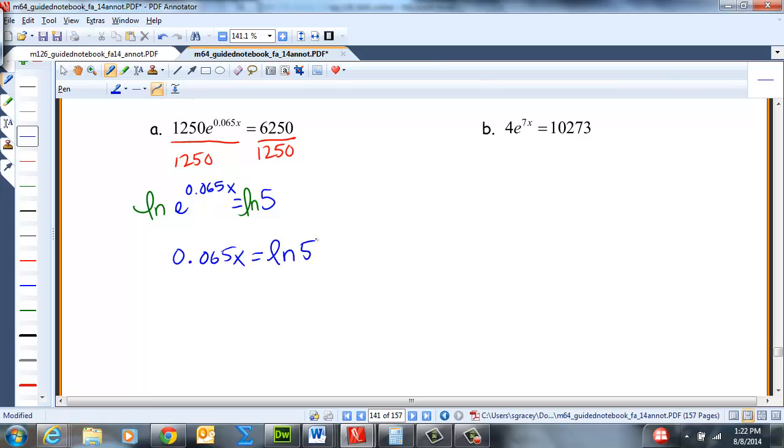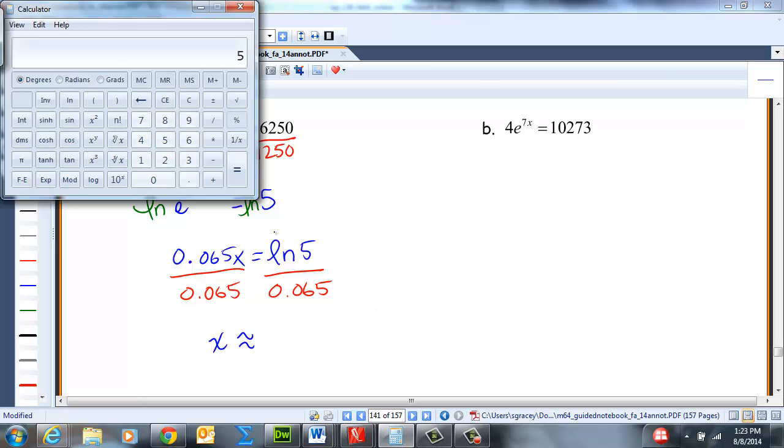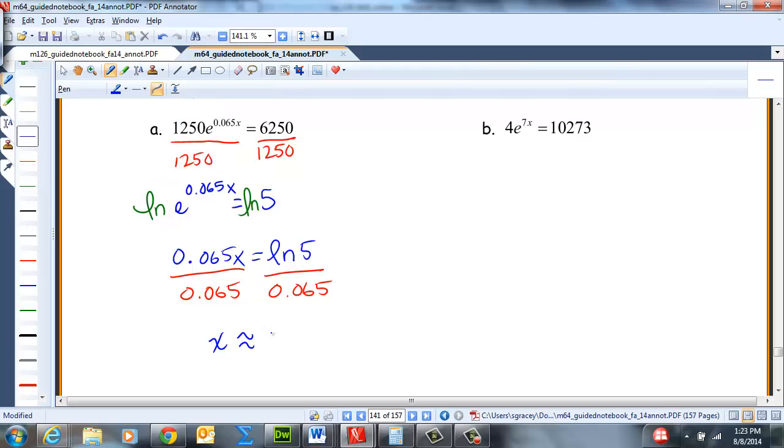So we will get this, and then isolating x, x is approximately, on the calculator, natural log of 5 divided by 0.065 equals, and I get 24.76.